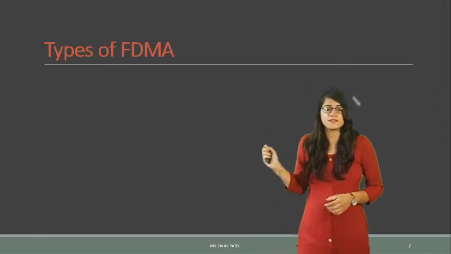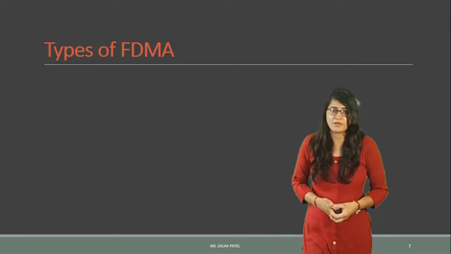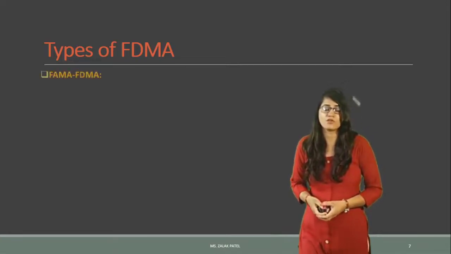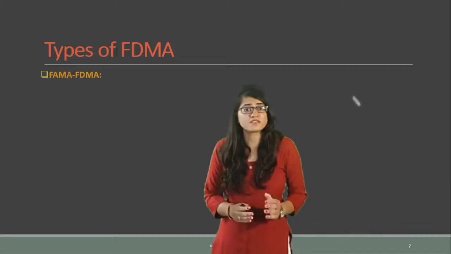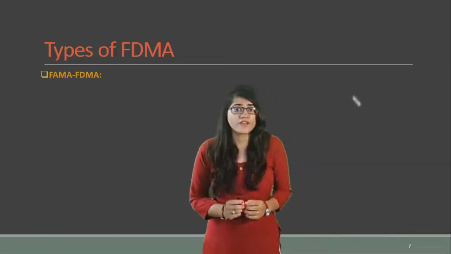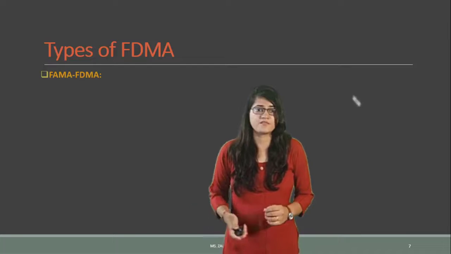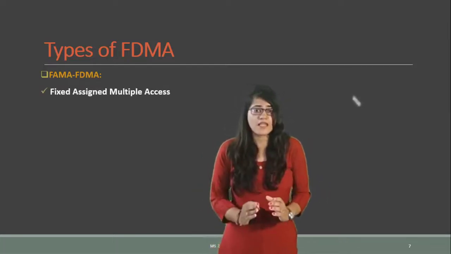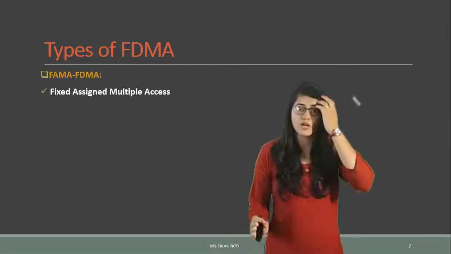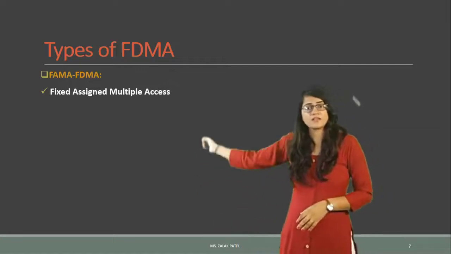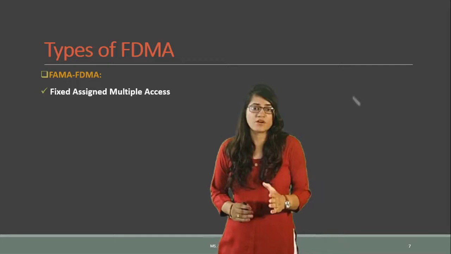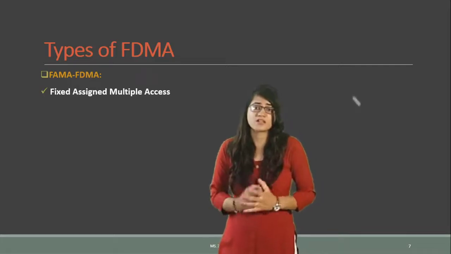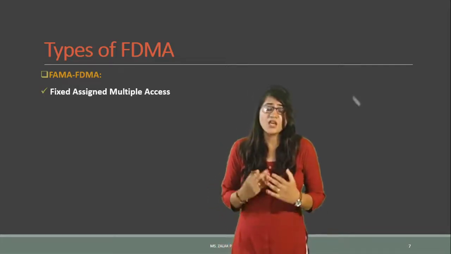Now let's discuss the types of frequency division multiple access. The first type is FAMA-FDMA. FAMA means fixed assigned multiple access. In the same way that we discussed in unit 2 about the channel assignment technique, a fixed or predetermined number of channels is available to users.